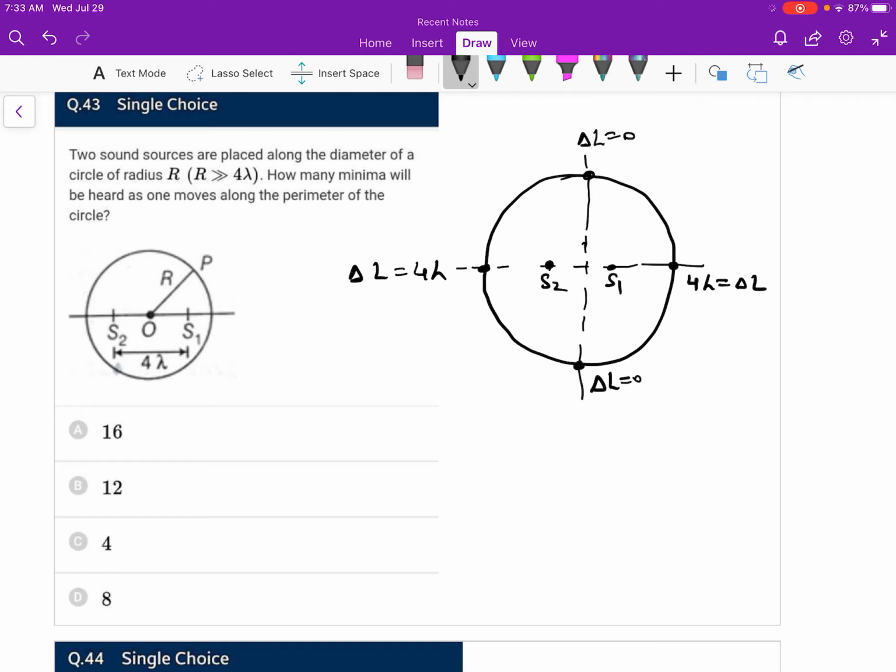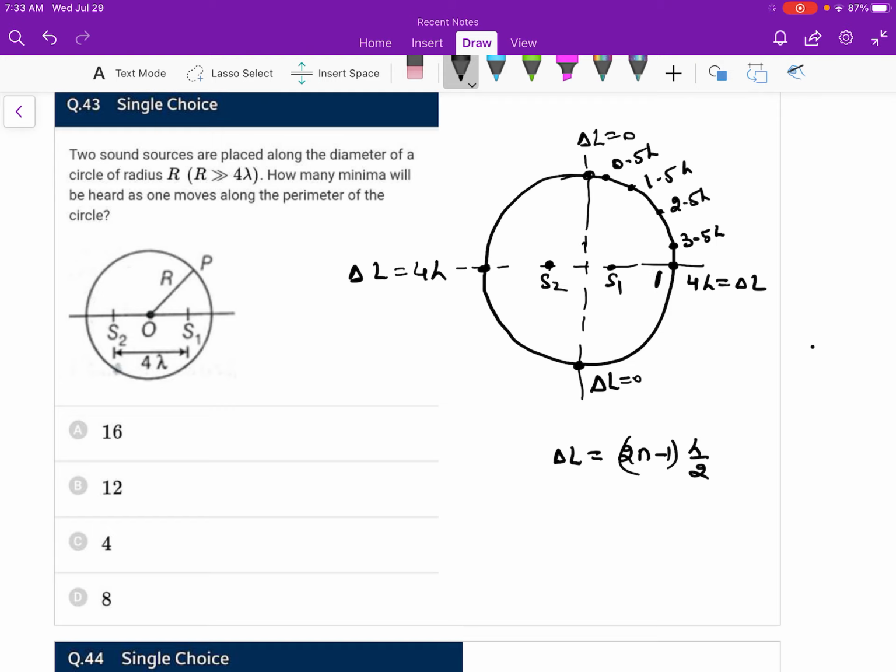So as we move, how many minima will be there? For minima, path difference is (2n minus 1) lambda by 2, odd multiple of lambda by 2. So here this will be 3.5 lambda, then 2.5 lambda, then 1.5 lambda, and then 0.5 lambda.